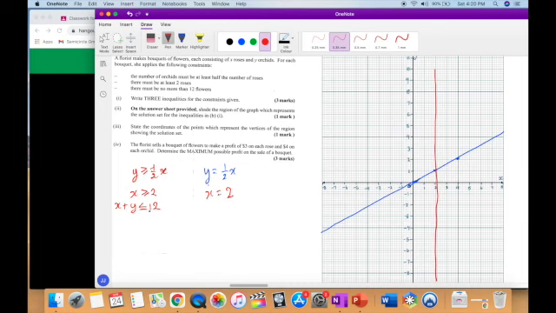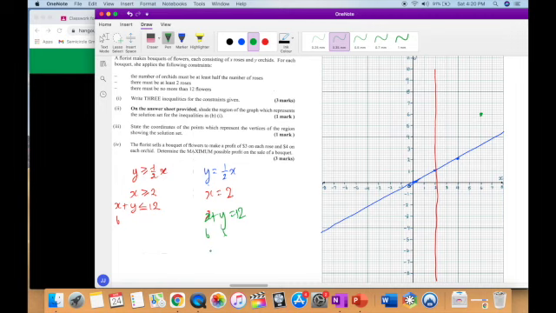And then X plus Y is equal to 12. Well, I'll use blue. X plus Y is equal to 12. Well, we know 6 and 6 is 12, so the point 6, 6 should work. Right?